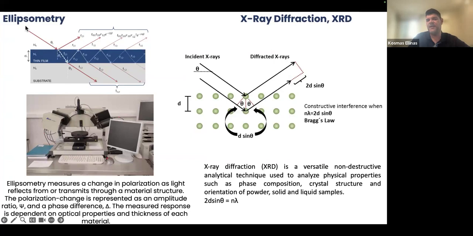In ellipsometry, we have an incident light, and then we use several polarized lights in order to calculate the thickness of the thin film that we have deposited. Whereas here, by Bragg's law, we can define the distance and the crystallinity of the structures, of the powder, of solids, of liquid samples, and how the molecules are arranged.